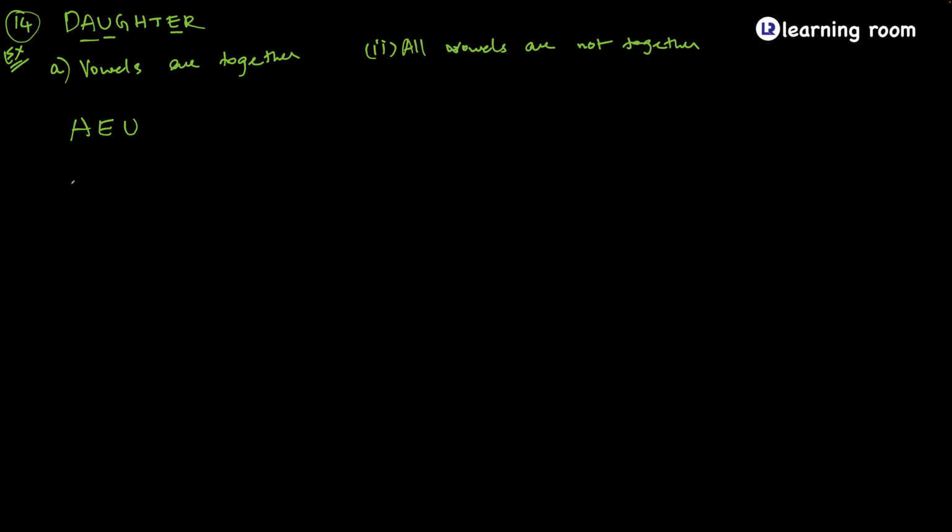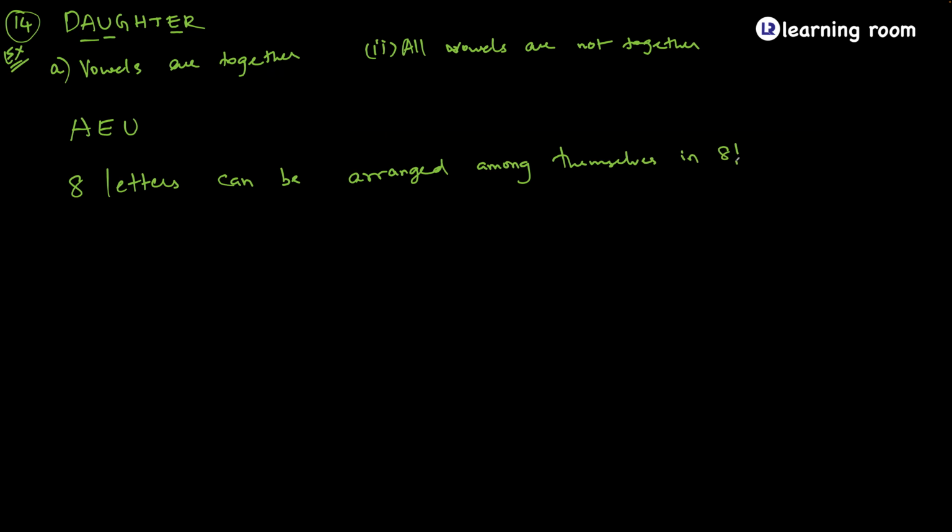So 8 letters can be arranged among themselves in how many ways? So observe, 8 letters can be arranged among themselves in 8 factorial ways. Make sense?